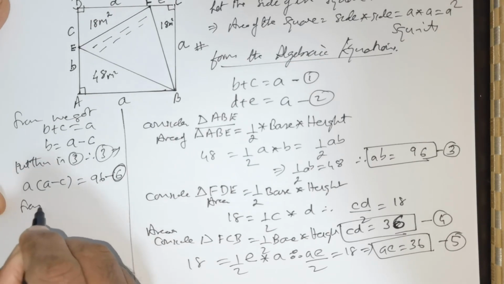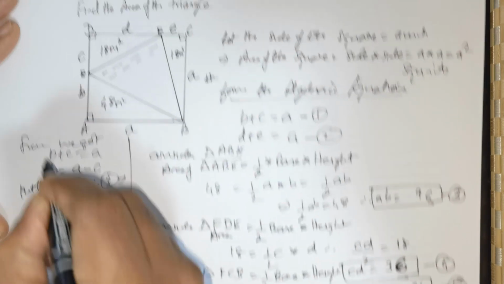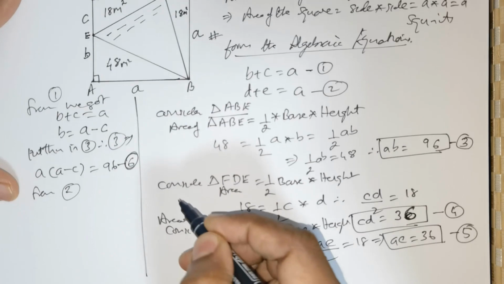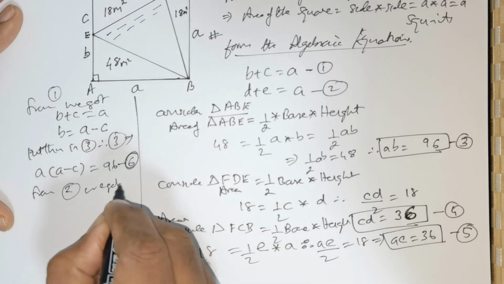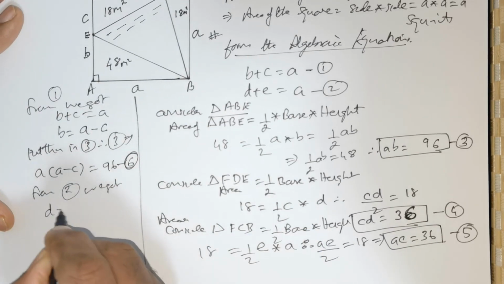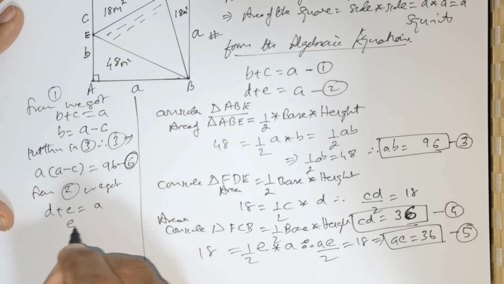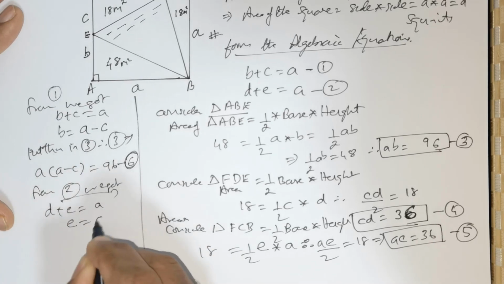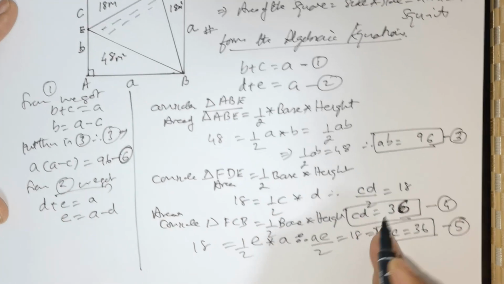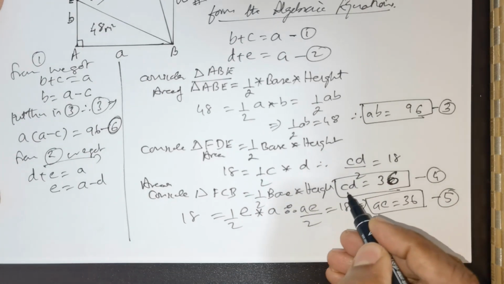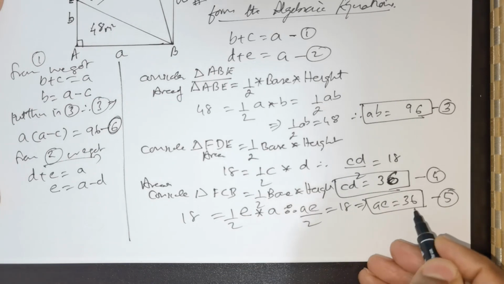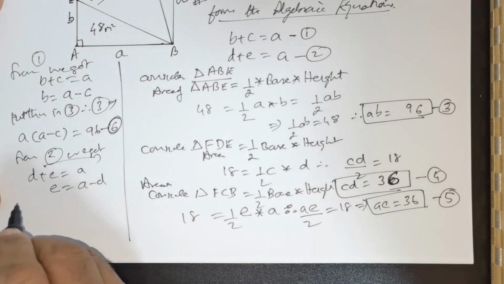Next, from 2 we get D plus E is equal to A. I have E here, I move D to the other side, I get A minus D. Now go back over here. This is AE is equal to 36.